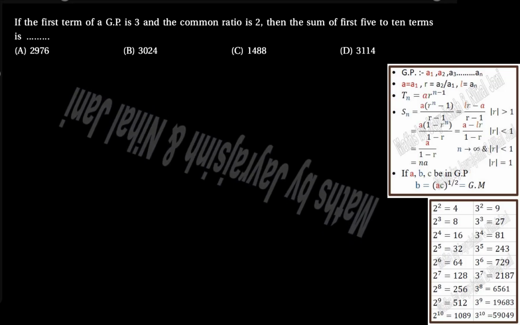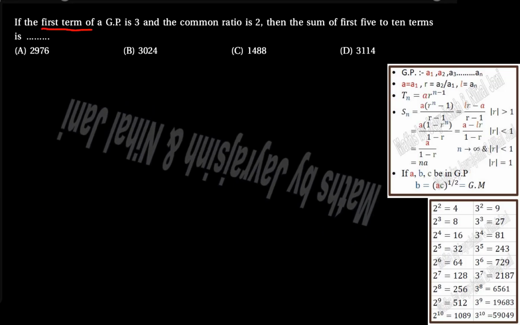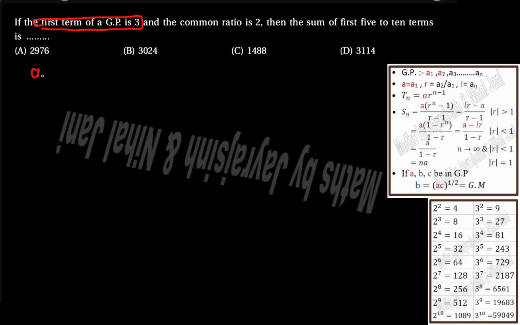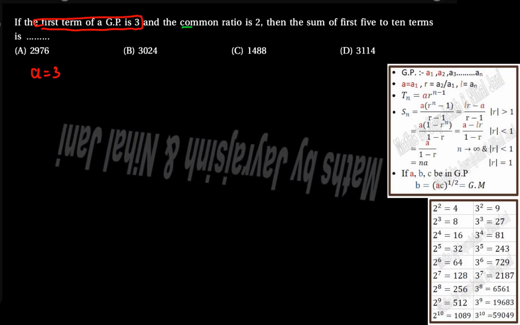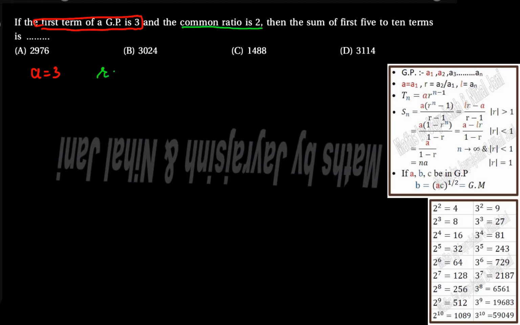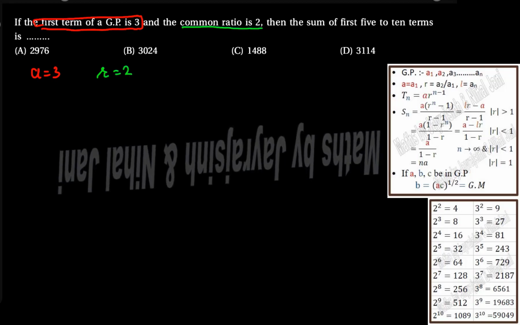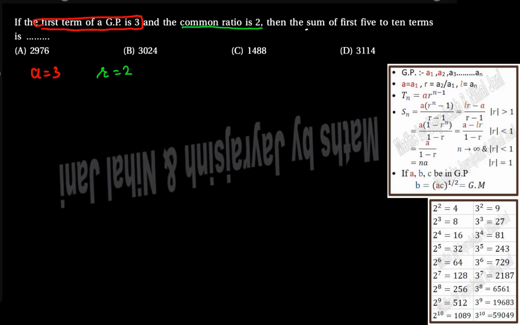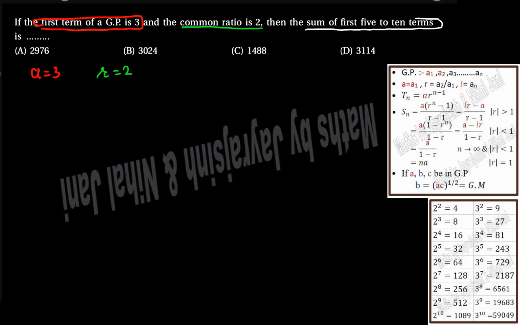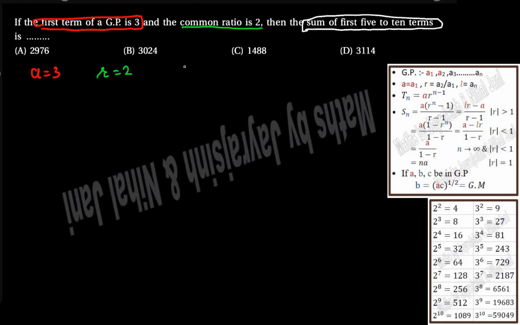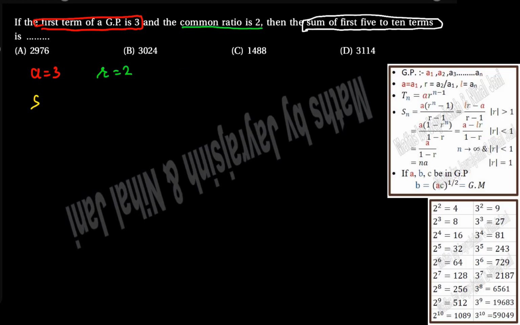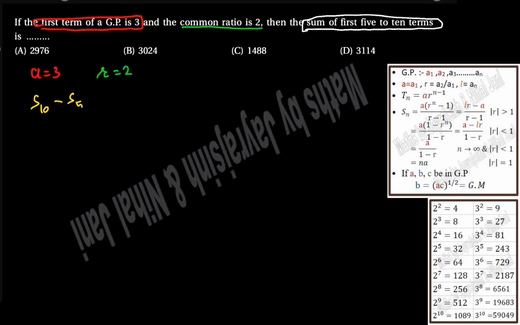In this MCQ, it is given that the first term of GP is 3 and the common ratio is given as 2. And we have to find the sum of the first 5 to 10 terms, or we can say we have to find S10 minus S5.